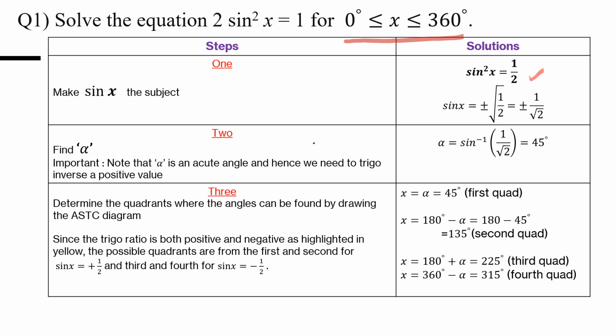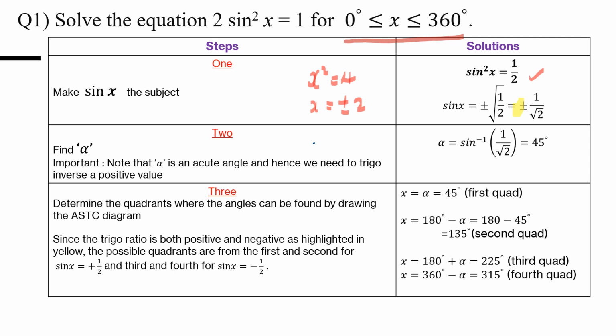This is similar to when you solve an algebraic equation. If you have x squared equals to 4, then what are the possible values of x? It will be positive or negative 2, right? So likewise, if you have sine squared x equals to half, then the possible values for sine x will be positive, negative, square root half.